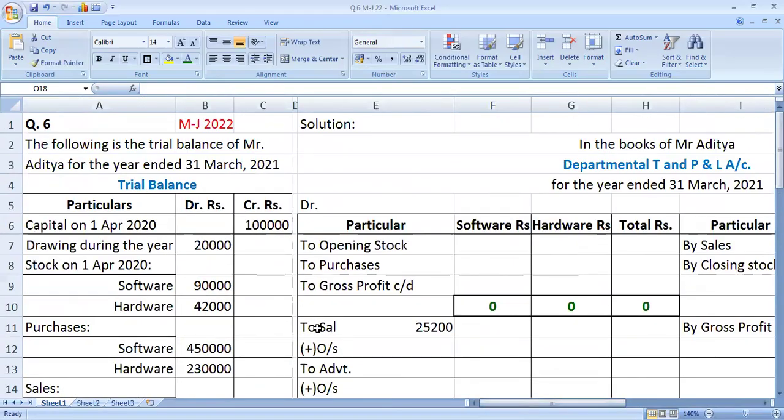Next item, stock on 1st April 2020. It means this is the opening stock. Software rupees 90,000, hardware rupees 42,000. Opening stock goes to the departmental trading account debit side: software 90,000, hardware 42,000, total 1,32,000.